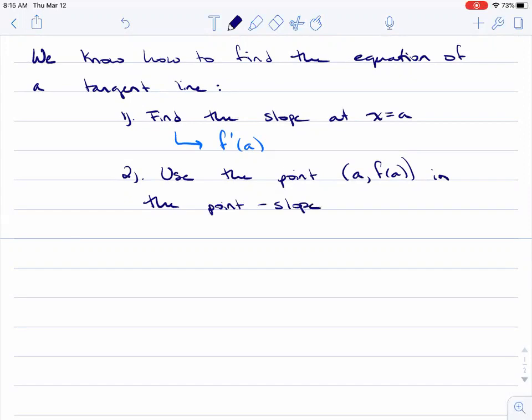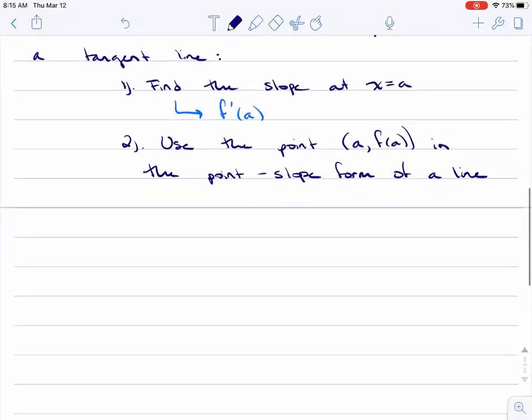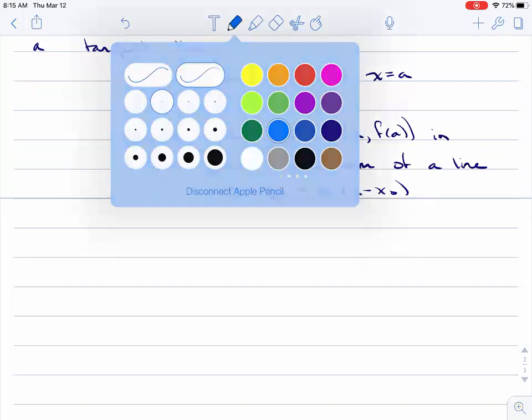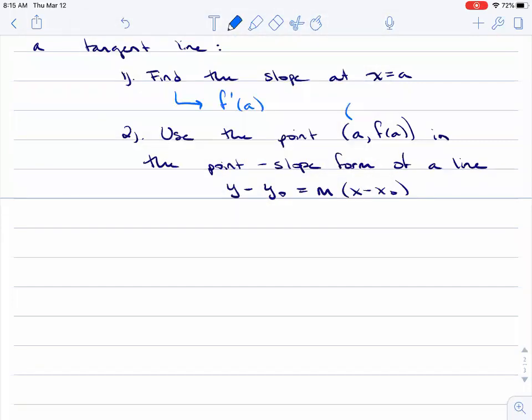The point slope form of a line says that y minus y naught is m times x minus x naught, where the point that you know here, a, f of a, is going to be x naught, y naught. And m is, of course, the slope. So f prime a equals m.